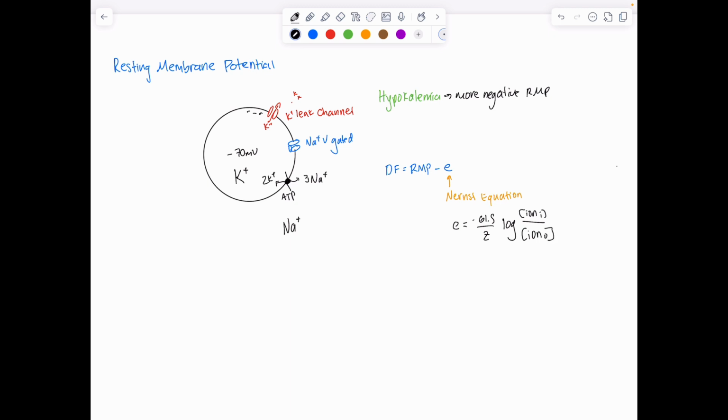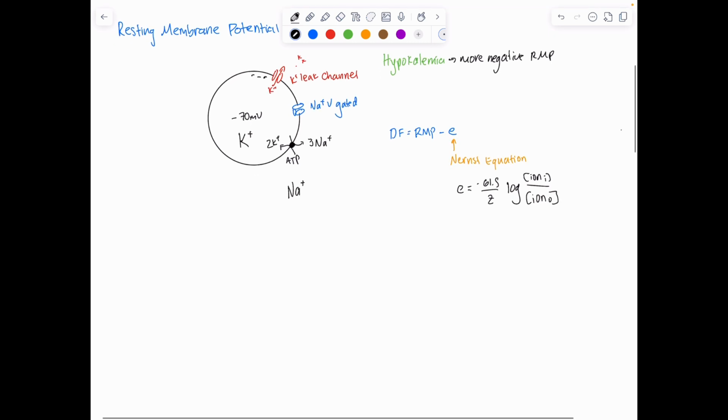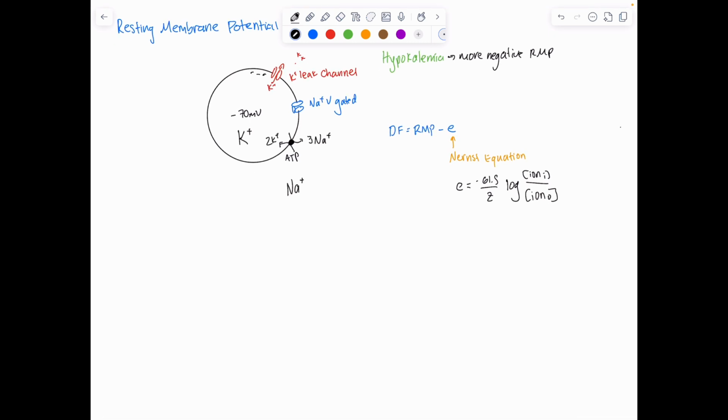And from that, we can calculate our Nernst value, and then we can take the value of our RMP, subtract the Nernst value from it, and we'll get our driving force. And depending on the value of the driving force will tell us the direction that the certain ion is going to go.